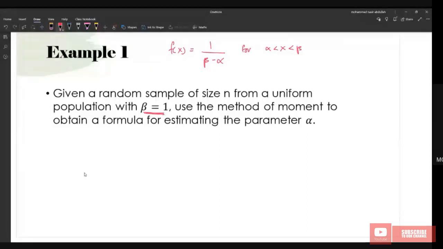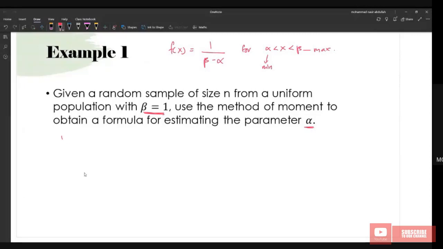The uniform distribution for a continuous random variable is 1 over beta minus alpha for x between alpha and beta. So alpha is the minimum value and beta is the maximum value, right? Use the method of moments to obtain the formula for estimating the parameter alpha.